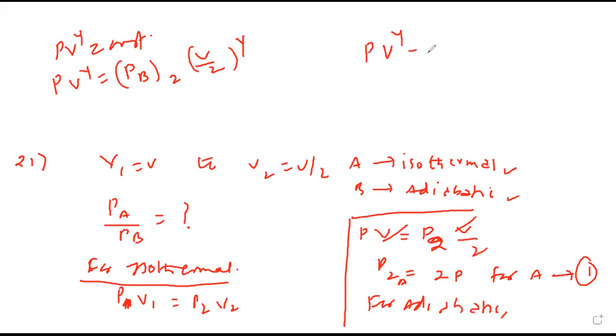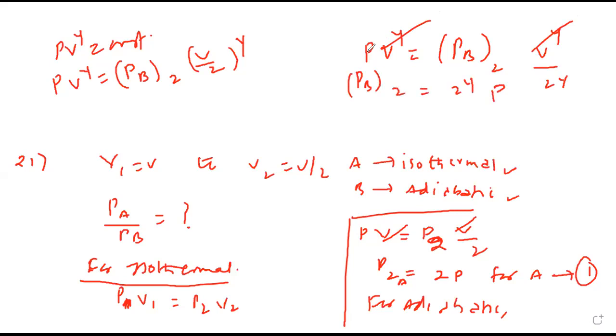So PB in the second case is 2 raised to gamma times P. Now, is 2 greater or is 2 raised to gamma greater? Who is greater? The power 2 is raised to gamma, so that means PA will be less than PB. This is the answer, because this is greater.